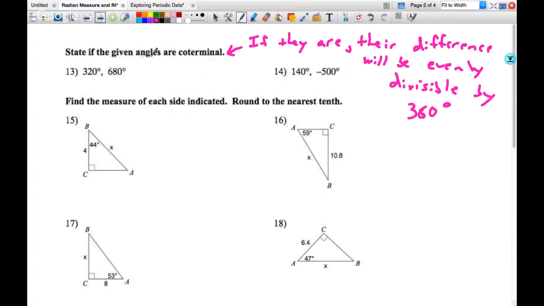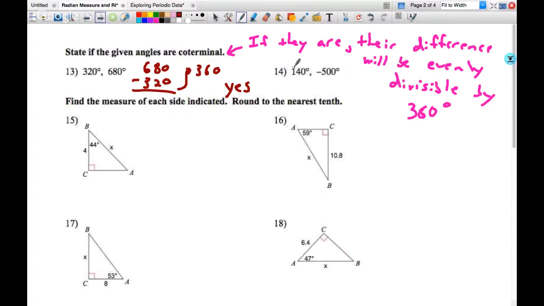And it doesn't matter which way you subtract them. I'll subtract these ones the normal way, just smaller from the bigger. And I'm going to get 360. 360 divided by 360 is 1. That's an integer, so this is a yes. These are indeed coterminal.